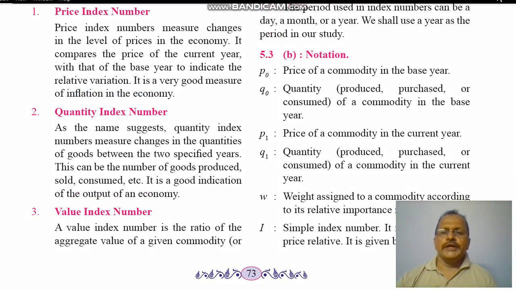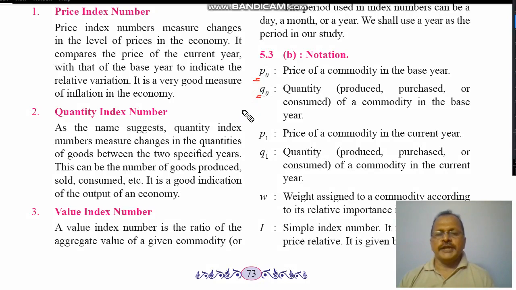Generally, we denote the letter P for price and the letter Q for quantity. P0 is the price of commodity in base year. P1 is the price of commodity in current year.